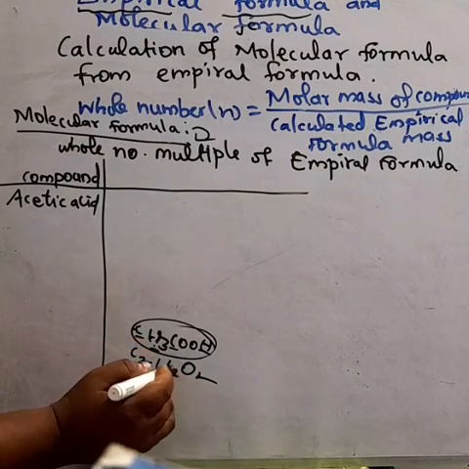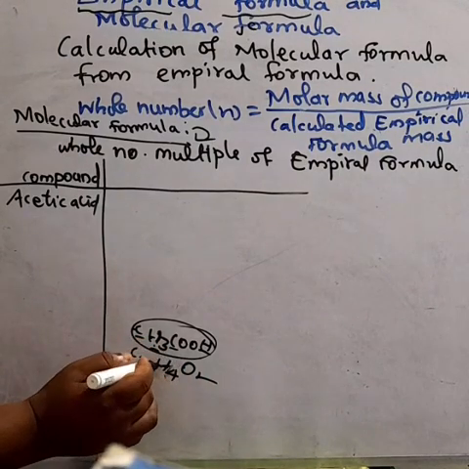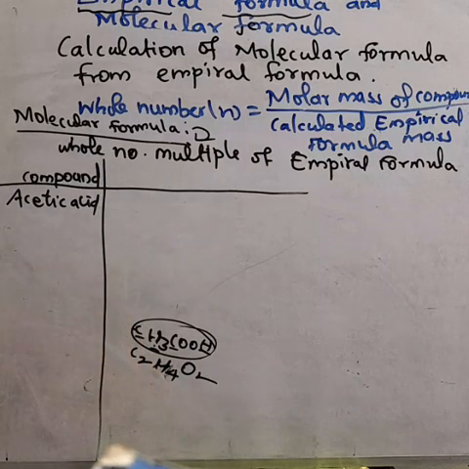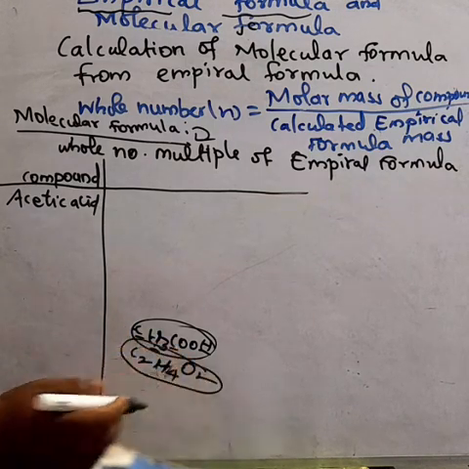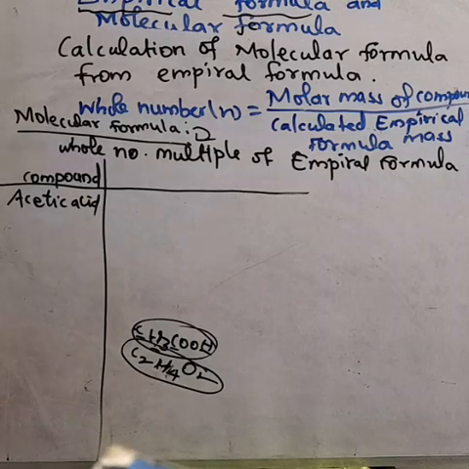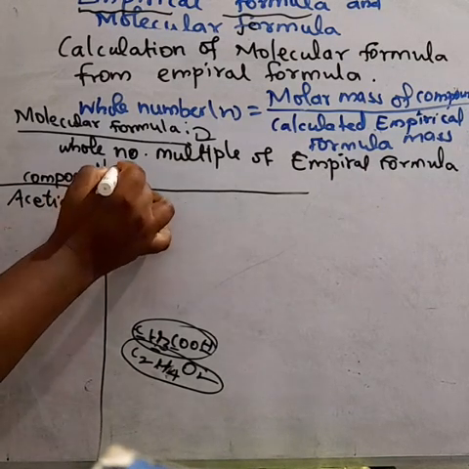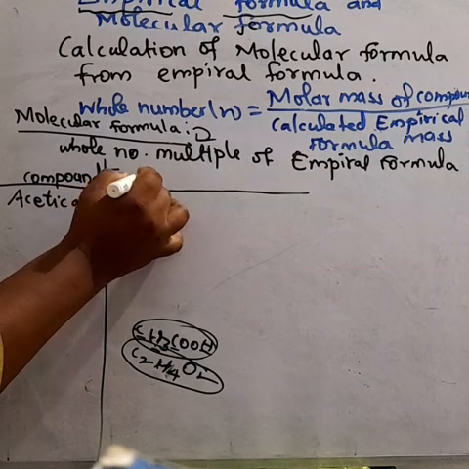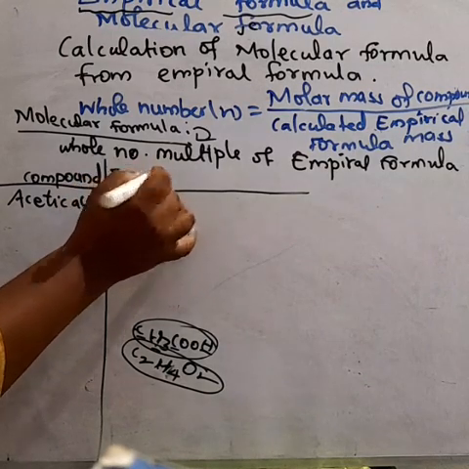Now how can we get the empirical formula from the molecular formula? That is what we are going to study. The empirical formula is the simplest ratio. The molecular formula has carbon 2, hydrogen 4 and oxygen 2.